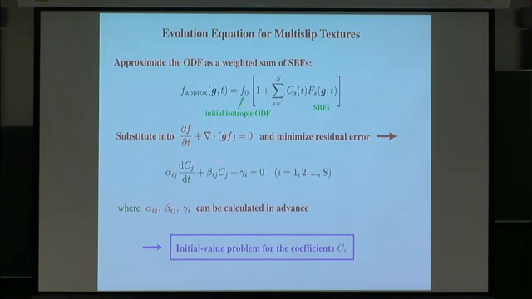It's a coupled set of equations for the C sub i, for the 3 expansion coefficients that you see up here. And the coefficients, alpha ij, beta ij, and gamma i, can be calculated in advance. So what you've got is an initial value problem for the coefficients C sub i.